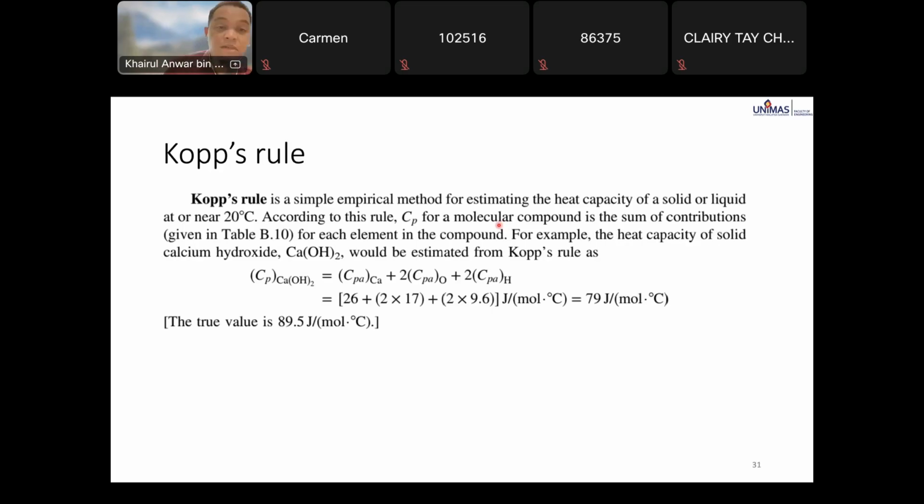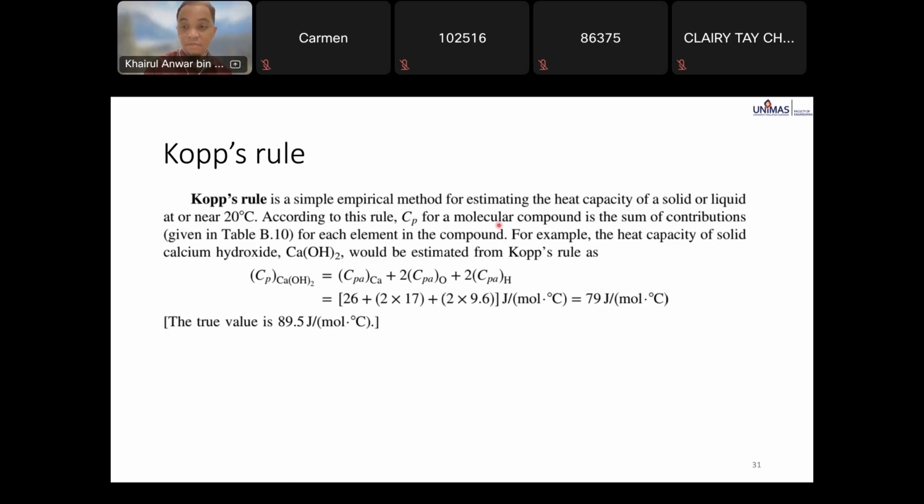Kopp's rule is a simple empirical method for estimating the heat capacity of a solid or liquid at or near 20 degrees C. According to this rule, Cp for a molecular compound is the sum of contributions for each element in the compound.